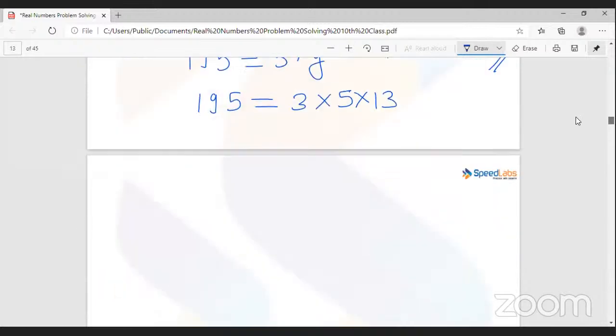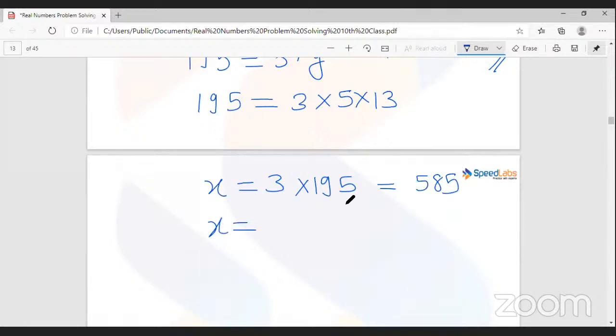Then we have to write X. So X is 3 into 195. So you got it as 585. And if it is of more marks, then you can also express it as 3 into 3 into 5 into 13.